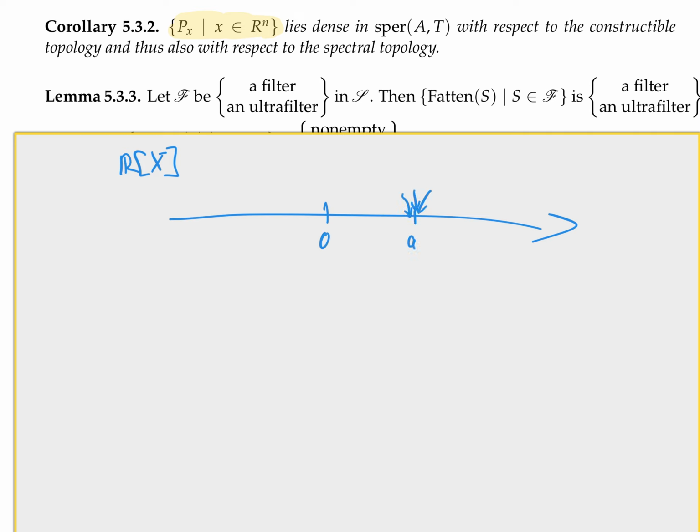For each real number, we have exactly 3 elements in the real spectrum, and then we have 2 additional ones at minus infinity and infinity. Okay, such a nice description we won't get in the case of several variables.